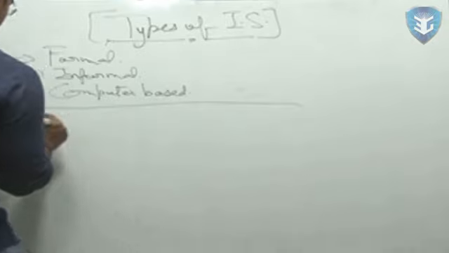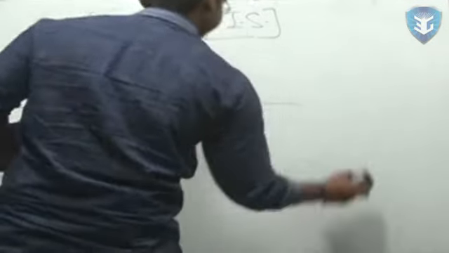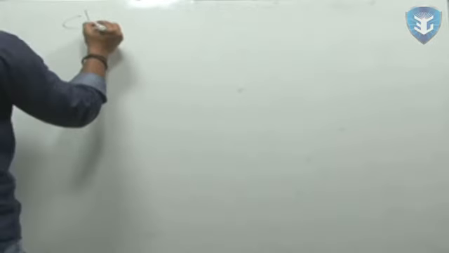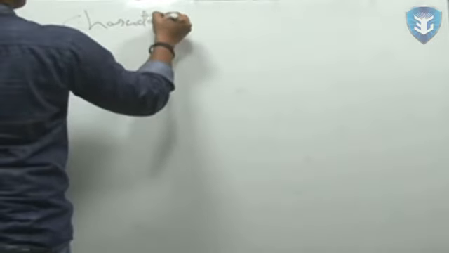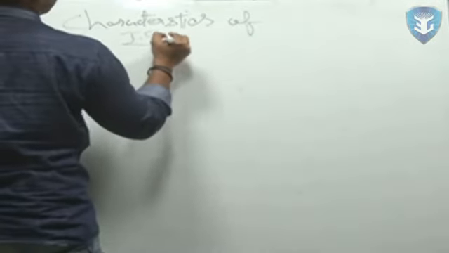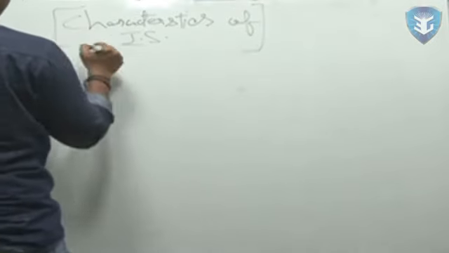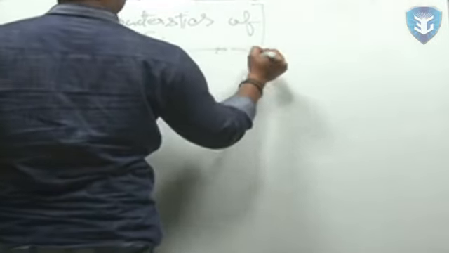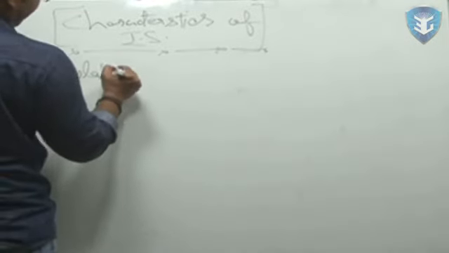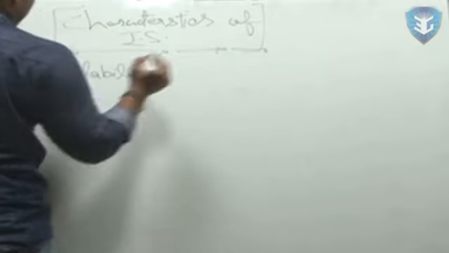And apart from that, there are certain characteristics of information systems. One is availability, that it has to be available when it is needed.